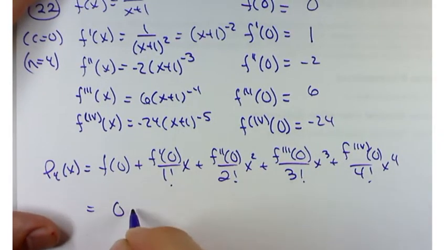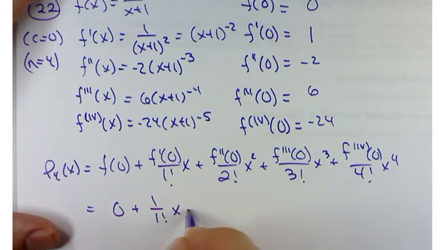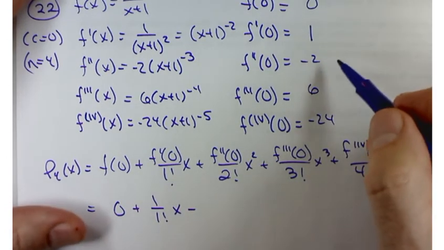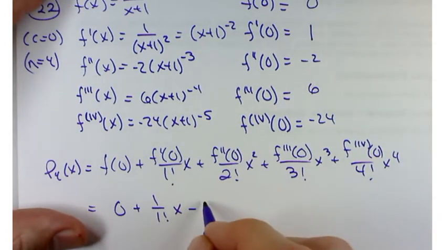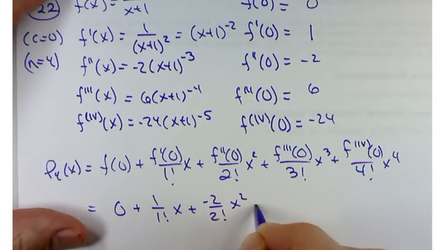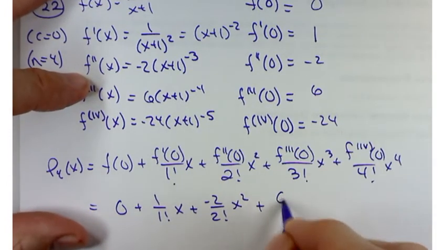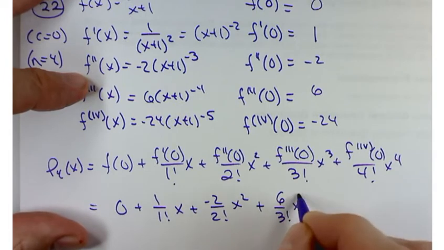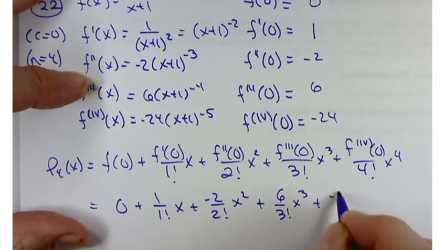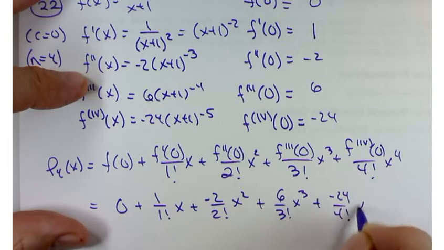So it's going to be 0 plus 1 over 1 factorial times x, minus 2, or plus negative 2 over 2 factorial times x squared, plus 6 over 3 factorial times x cubed, plus negative 24 over 4 factorial times x to the fourth.